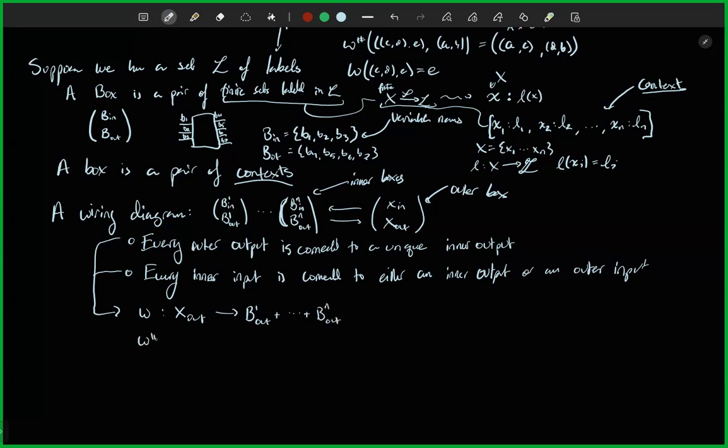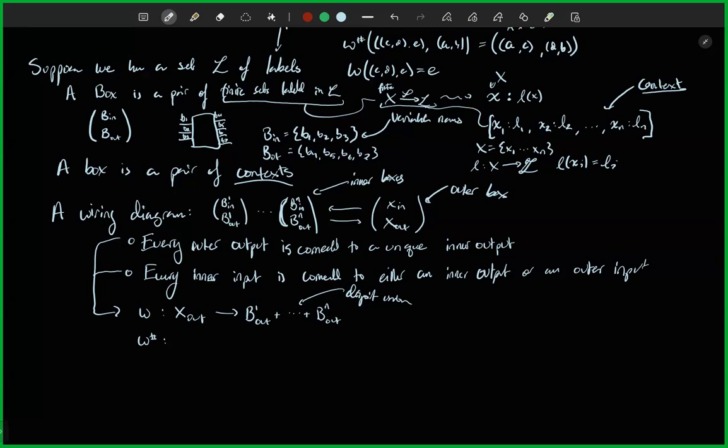And then we can also have this w sharp here. In other words, every outer output is connected to, this is a disjoint union, one of these inner outputs.